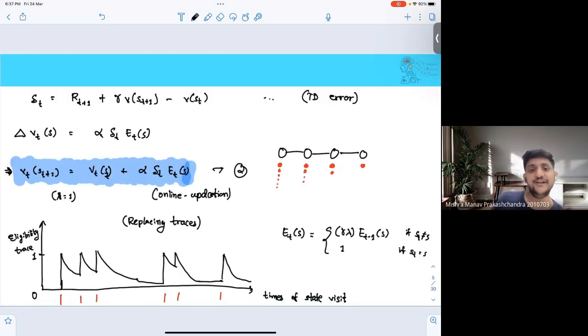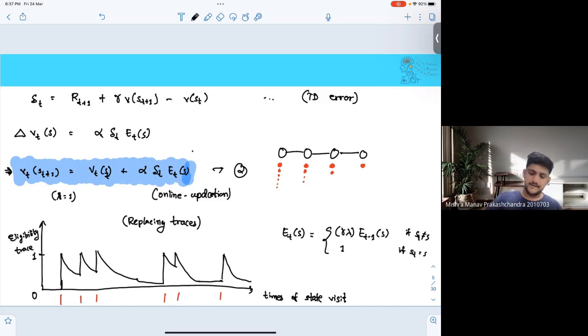So the important point is what equation 2 tells me. When I put lambda equal to 1, it gives me an incremental update for the Monte Carlo version. It tells me that if I am doing Monte Carlo, the only way I can update the value function is when I reach the end of the episode, because only then do I get the value of G_t. After I get G_t, I trace back and update the value function for that particular state.